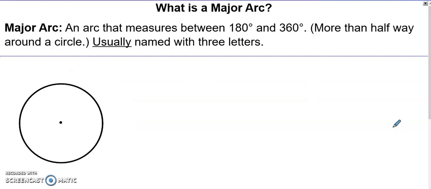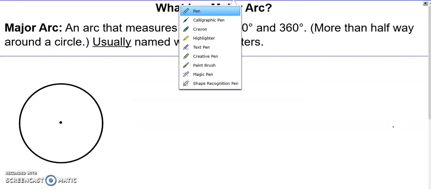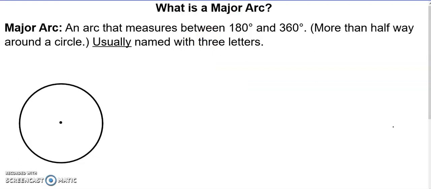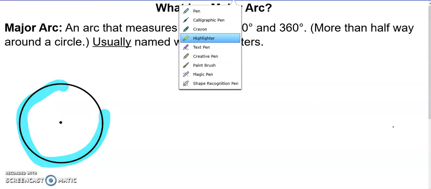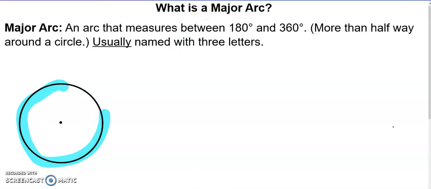We have major arcs. A major arc is an arc that measures more than half a circle, for instance, like this guy. Now, if we label these endpoints, let's just for fun call them M and G. If you say arc MG, that's wrong, because arc MG is this minor arc, 2 letters. So when we name major arcs, we need to give it a 3rd point.